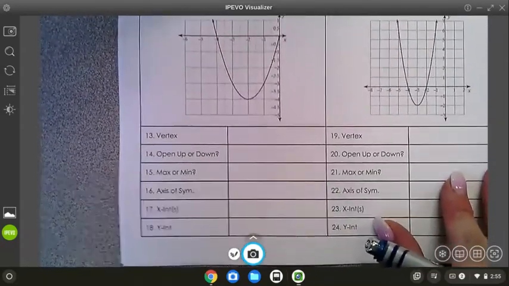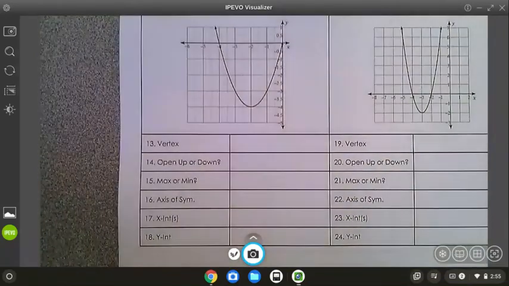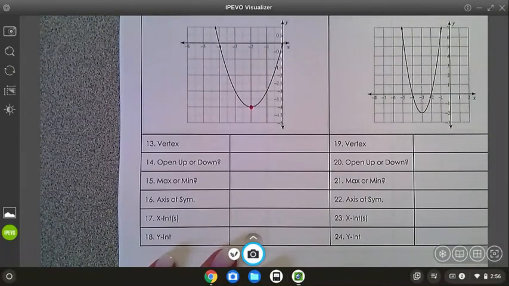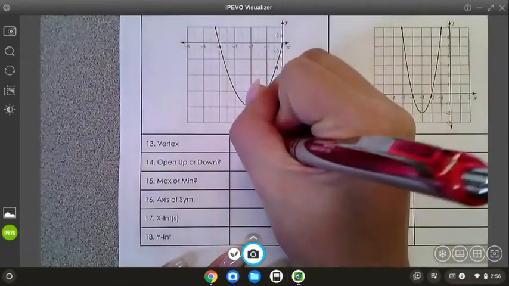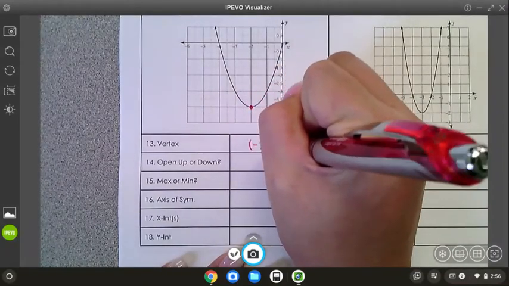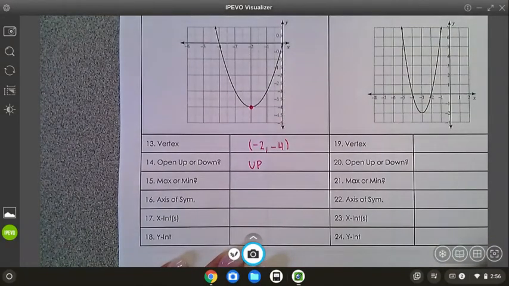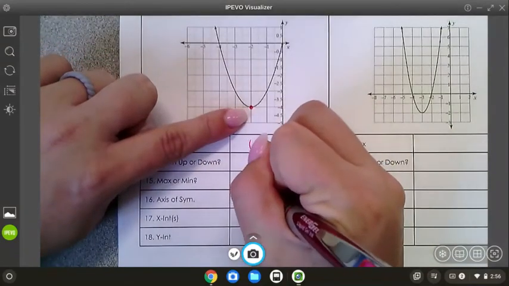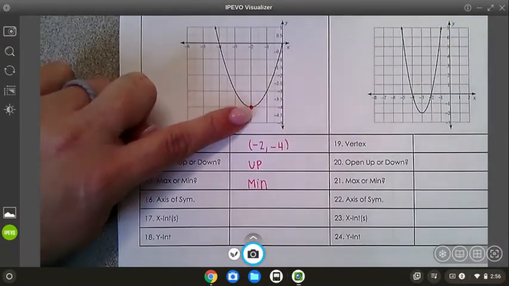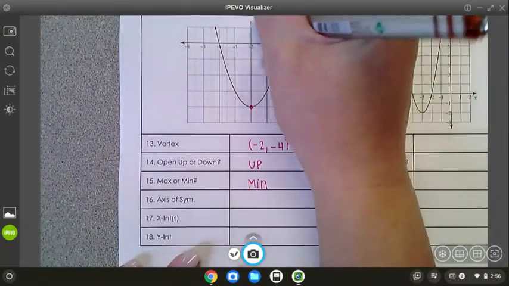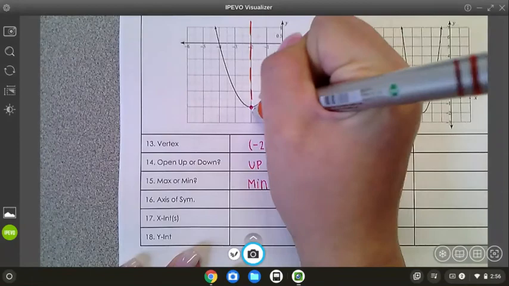All right, let's look at this third example. Vertex. Go ahead and write down what you think the vertex is. It's -2, -4. This parabola opens up, meaning the vertex is a minimum or a min because it's at the bottom. The axis of symmetry is this line. It crosses through at -2.